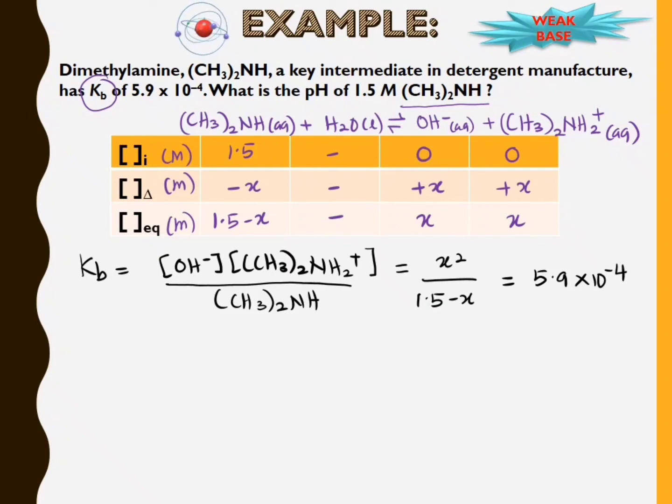So what do we need to do? Yes, no need to solve the quadratic equation.